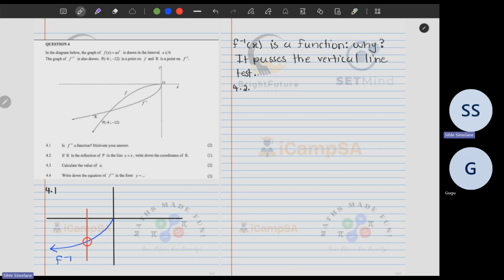4.2 says R is the reflection of P in the line x equals y. So write down the coordinates of R. So let's go ahead. They are saying here R is a reflection of P, and this is about the line x equals y.